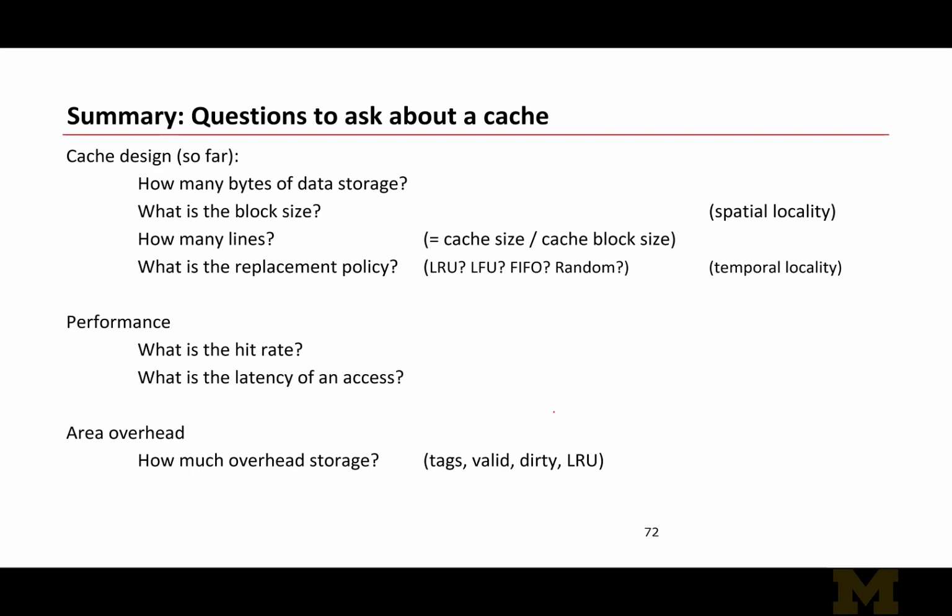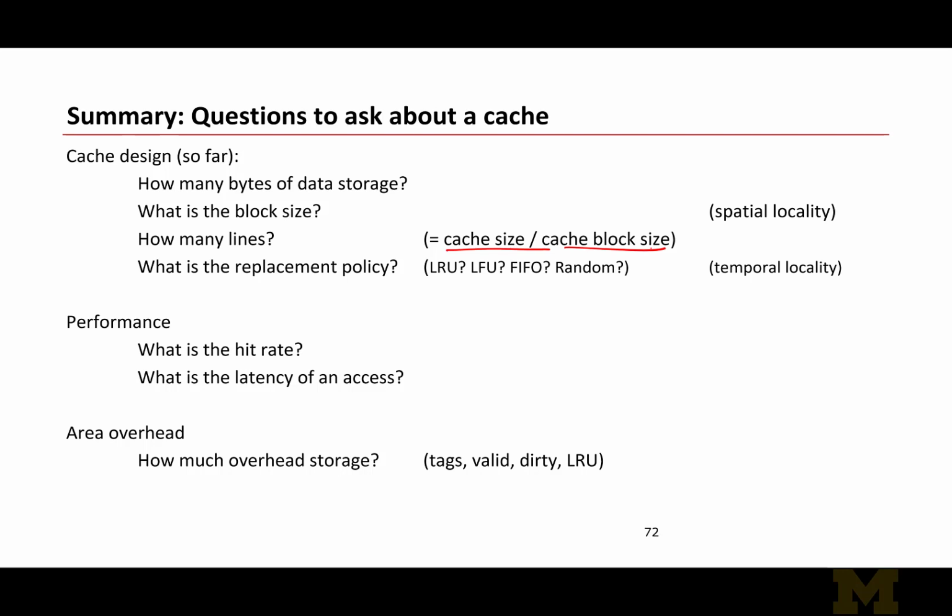To summarize, we talked about a simple cache design, where the main question you should be asking is, what is my cache size? And then today we talked about block sizes, which determined how many cache lines I would have, which can be derived from cache size and cache block size using the simple division operation.